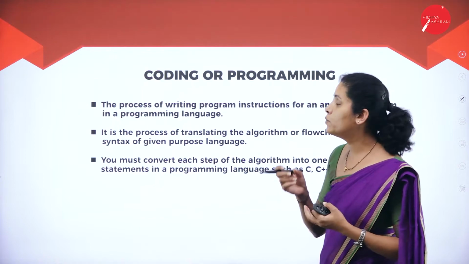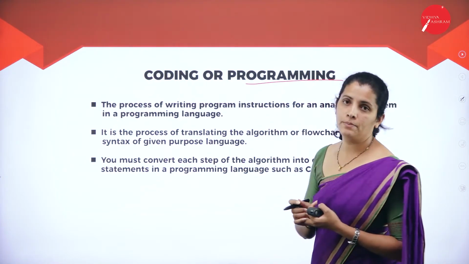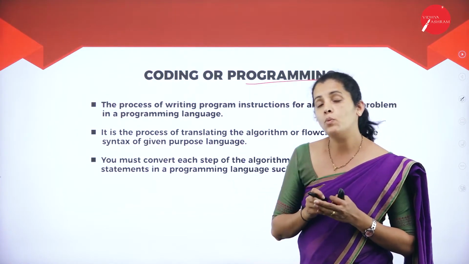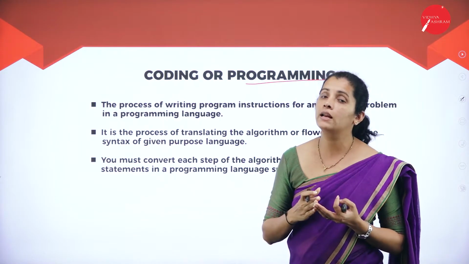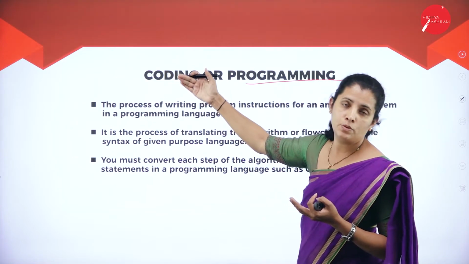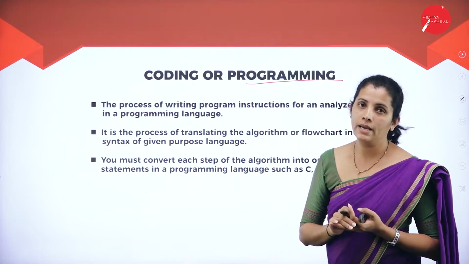Moving further, I'm going to have coding as well as programming. That means coding itself is programming. Now tell me why I require coding. What are the different kinds of programming languages I have here? In our first PUC, we are going to use the C++ programming language.